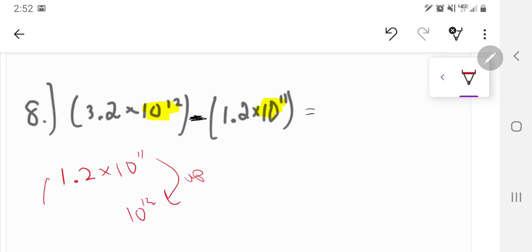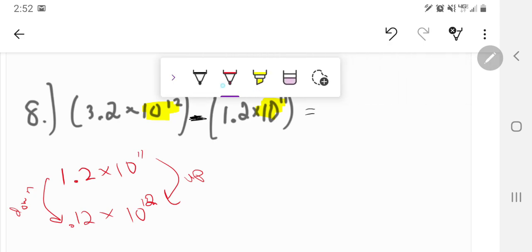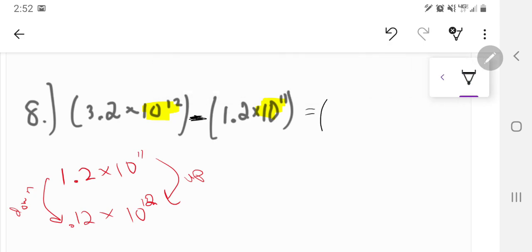So I have to bump that down, and so that becomes 0.12. Now I can rewrite the problem. I have 3.2 times 10 to the 12th, and I'm subtracting from that 0.12 times 10 to the 12th as well.